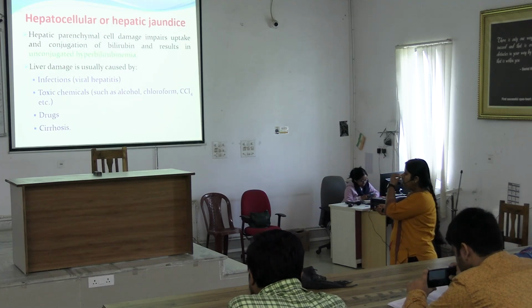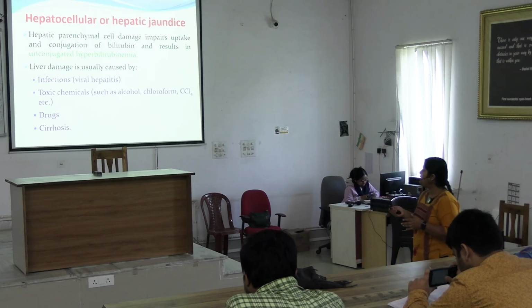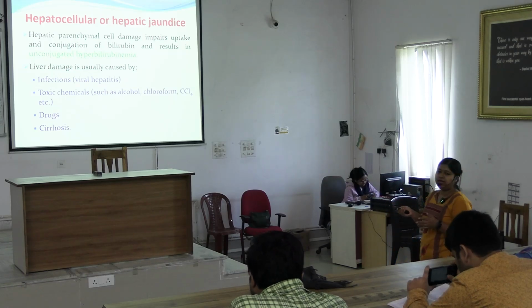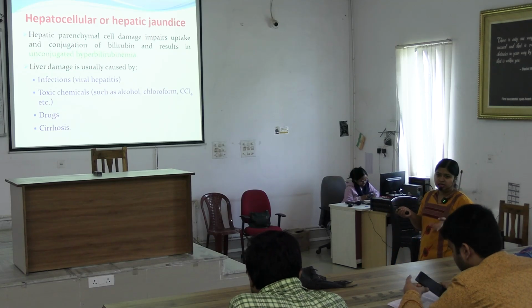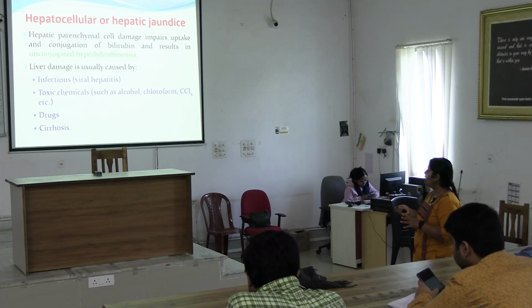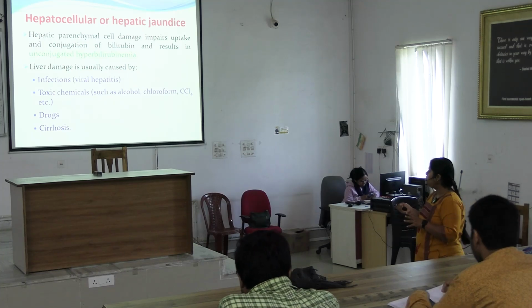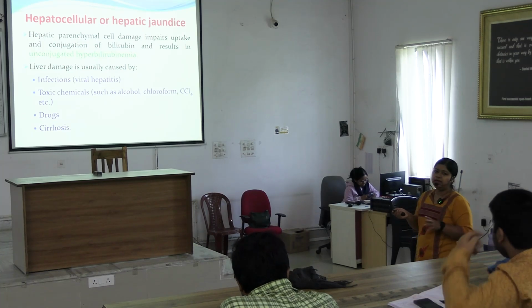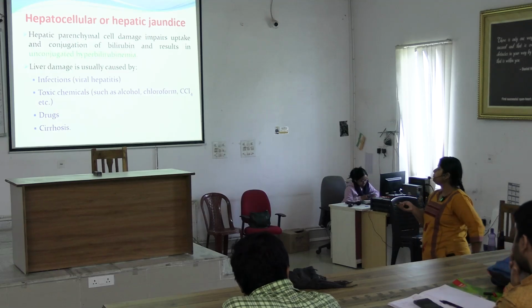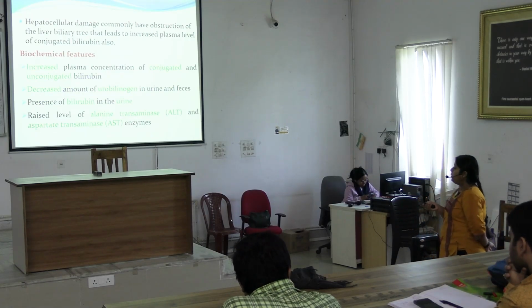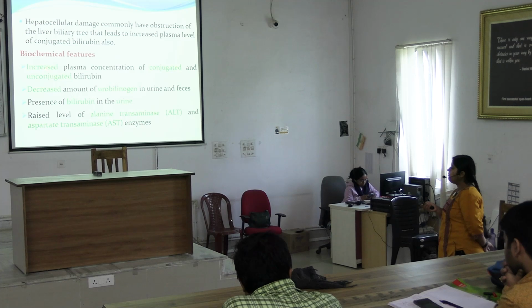Exactly. So, what are the causes of hepatic jaundice? Infections or viral hepatitis, hepatitis A, B, C, D, E, everything. Toxic chemicals like alcohol, chloroform, various drugs, and liver cirrhosis will lead to hepatic jaundice. Now, what will be the biochemical features or findings?